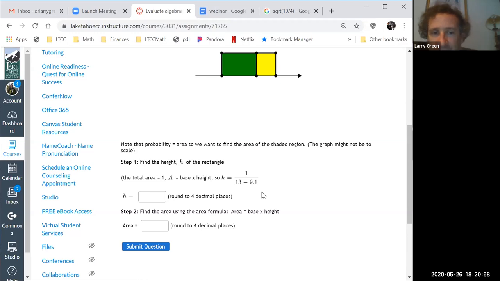Let's see what you get. Put in your chat box what you get. Rounded to 4 decimal places they want. So 0.2564. Okay. Uh-oh. Maybe I better do it. I can't do that many decimals in my head. I can do 2.